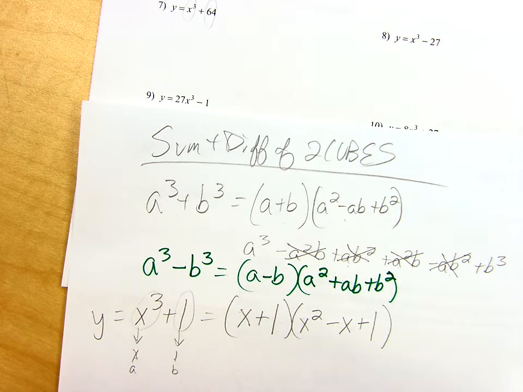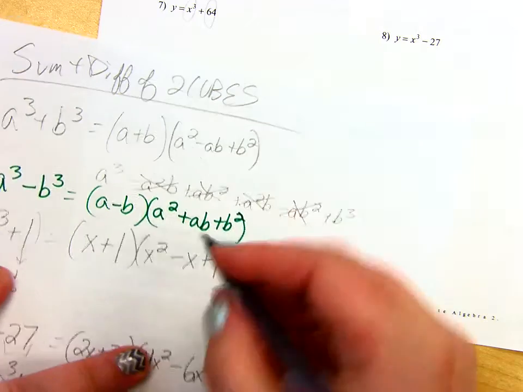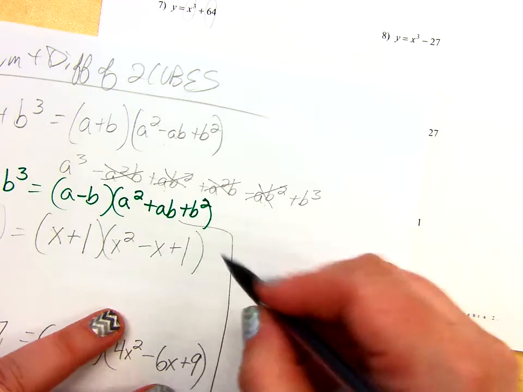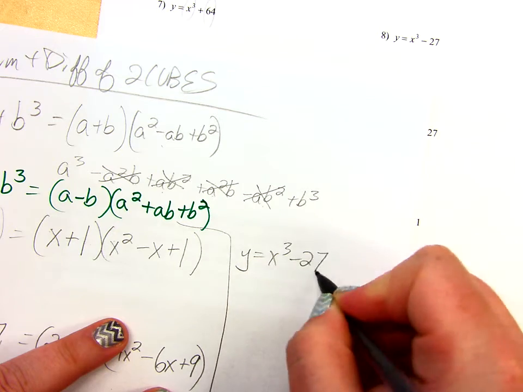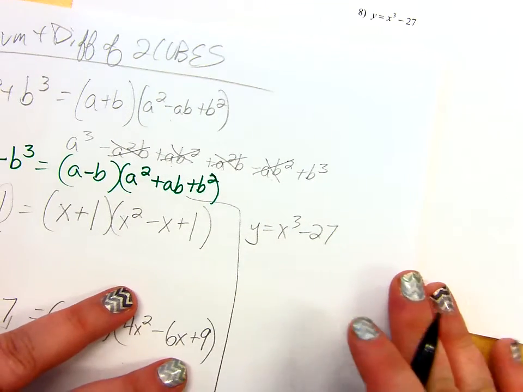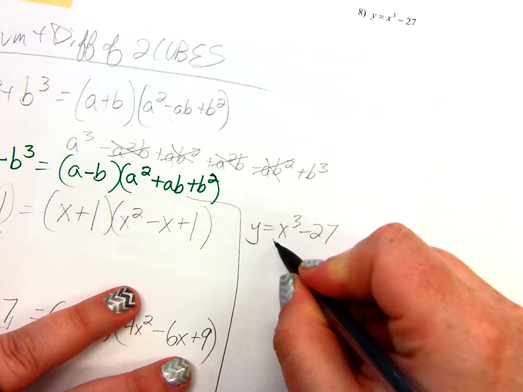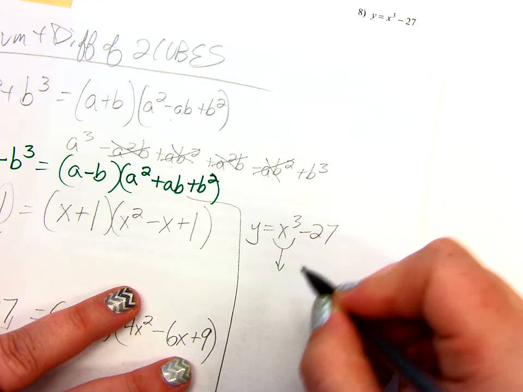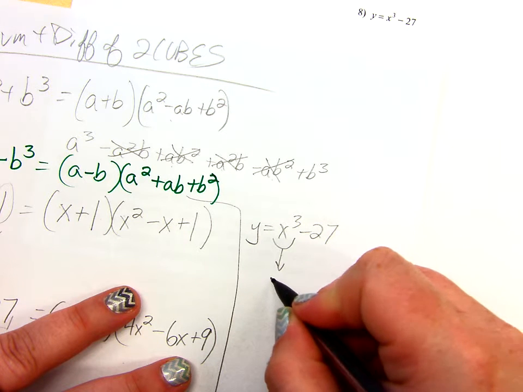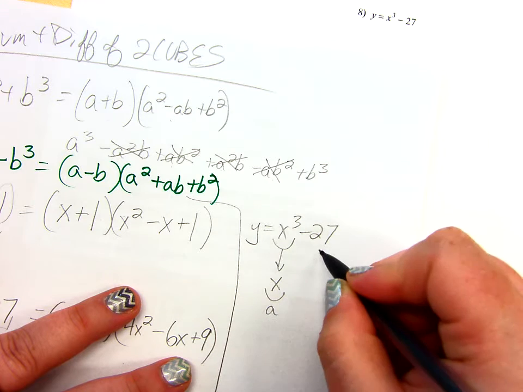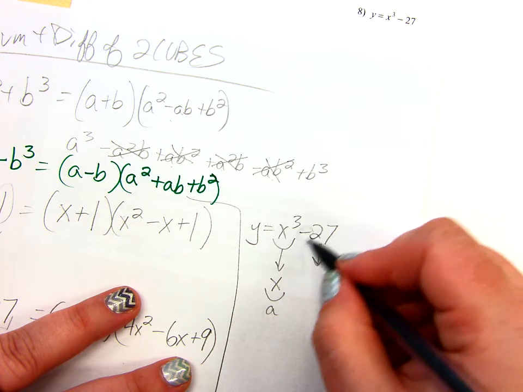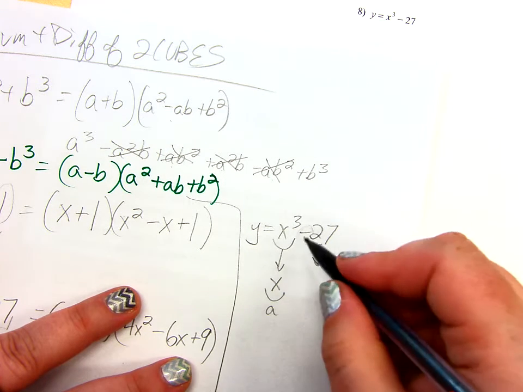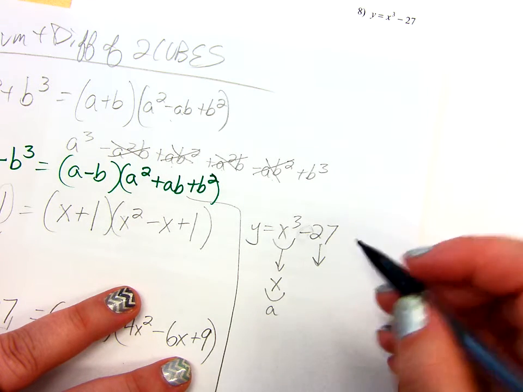So let's try number 8, for example. 8 is y equals x cubed minus 27. Again, I like to figure out what a is. What would a be? Just x. And then what is the cube root of 27? Don't worry about the minus, it's just 3. The minus just tells me which formula to use.